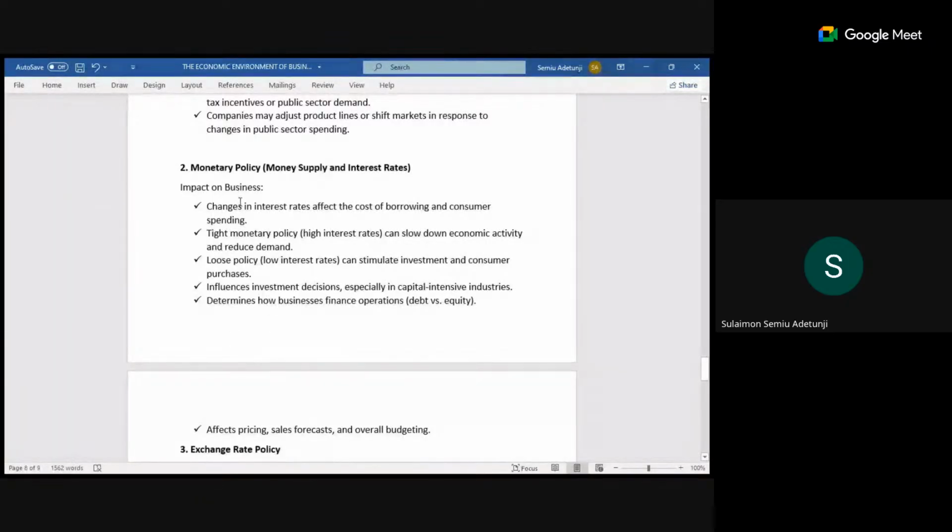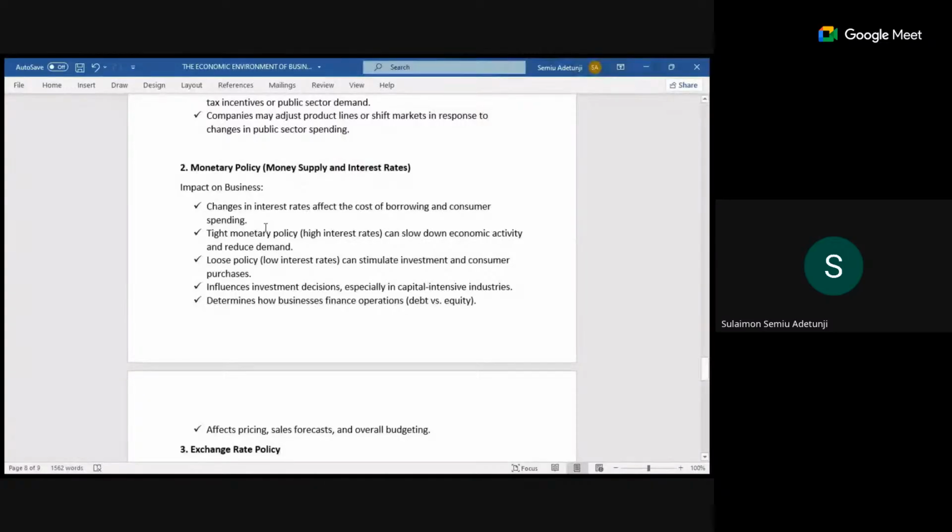So now let us look at the impact on business. Changes in interest rates affect the cost of borrowing and consumer spending. If you enter the bank today and change your money at a particular rate, and you are not sure of changing it at the same rate tomorrow, probably the rate will have gone up.